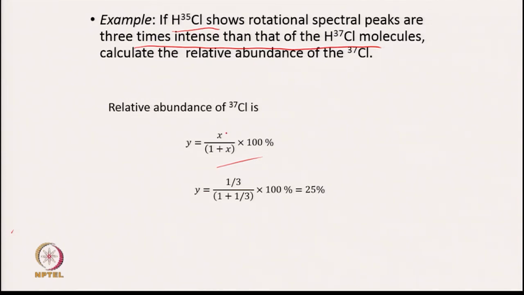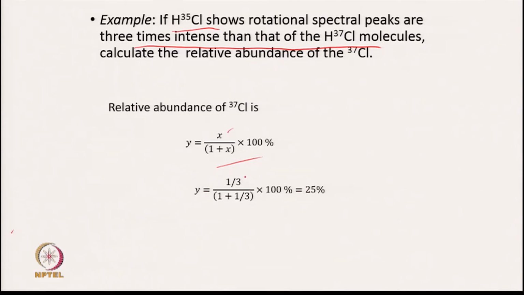So y will be given by x divided by 1 plus x into 100%, and since it is given that H35Cl has a 3 times more intense peak than H37Cl, that means the H37Cl peak intensity is 1/3 of the H35Cl peak intensity, and so x is equal to 1 by 3.